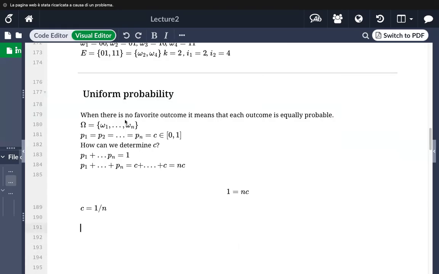Therefore, each outcome is equally probable and has this probability: pi is equal to 1 over n for each i that goes from 1 to n.